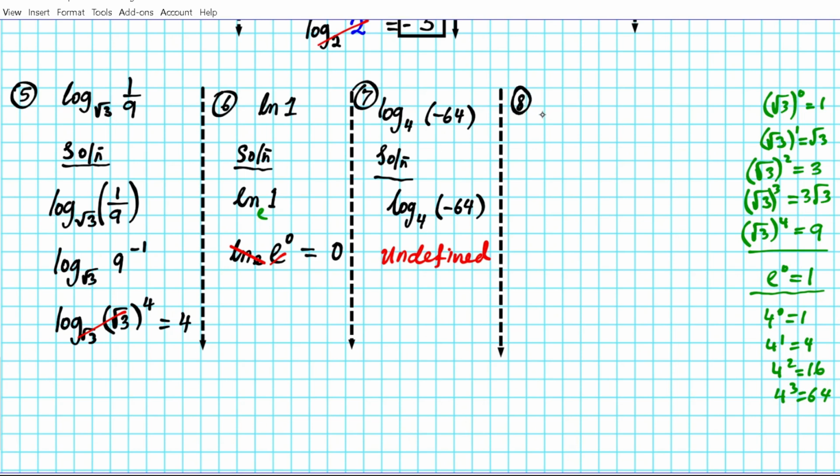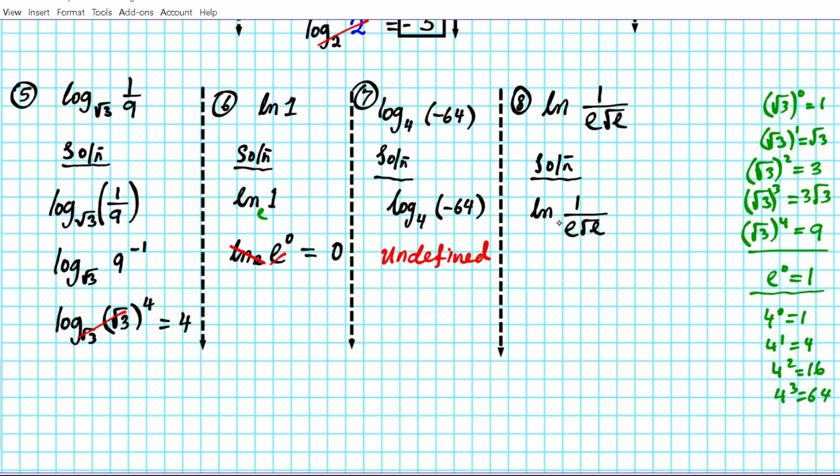Question number 8, we want to find the natural log of 1 over e root e. There's another strange looking one. So let's see how we can do this. Following the same procedure, we know what the base is here.